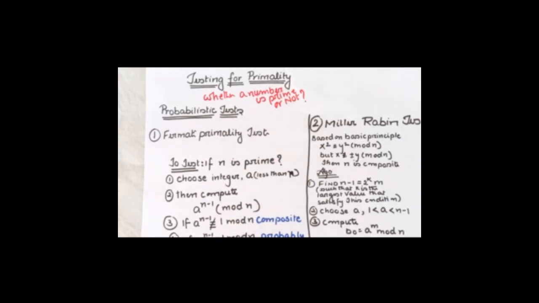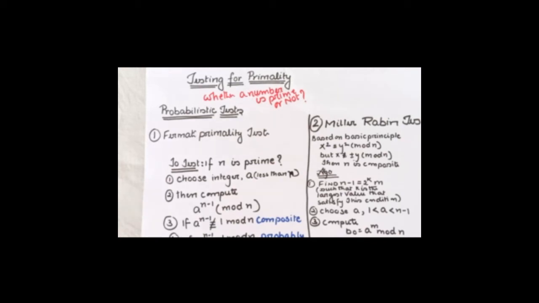There will be various algorithms which will tell you to choose large enough prime numbers. Now, how do you choose a large enough prime number when you cannot decide whether a number is prime or not? There are various tests, and I'll be teaching you today the probabilistic test for guessing whether a number is prime or not.